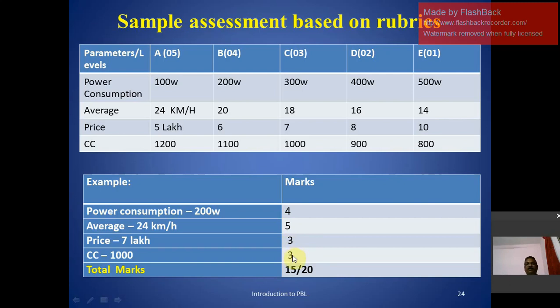And cc 1000, 3 marks. Each parameter is out of 5, so total marks out of 20. 3 plus 3, 6, 6 plus 4, 10, 10 plus 5, 15. So he or she will get 15 out of 20. So this is one case study.